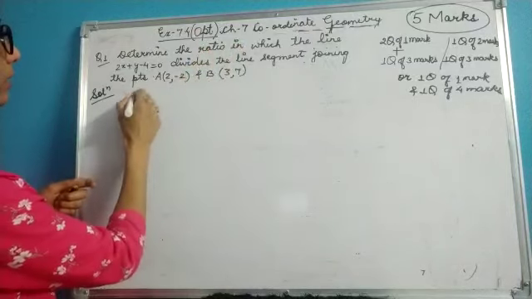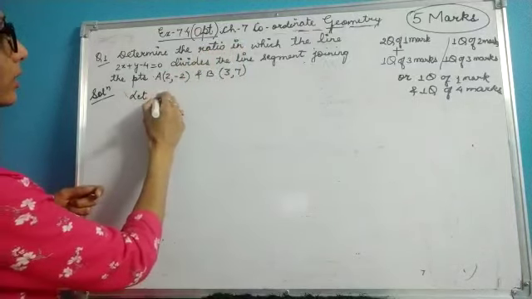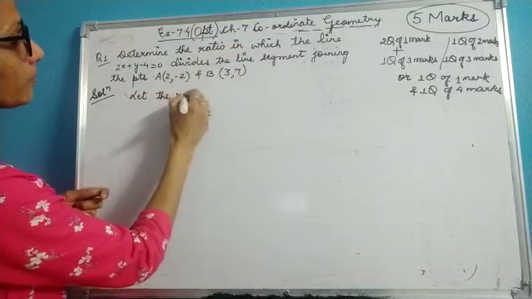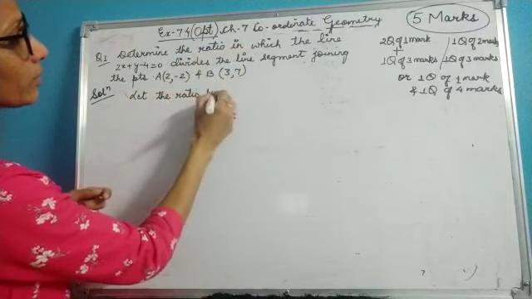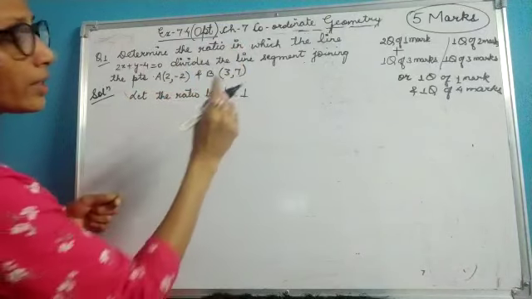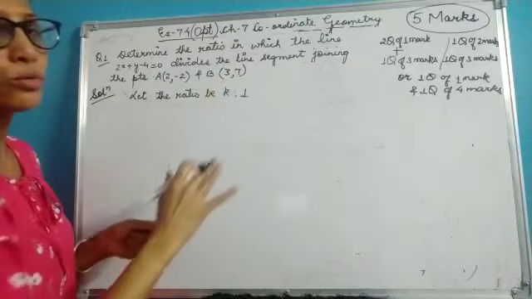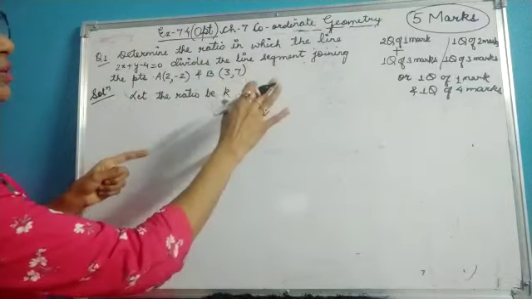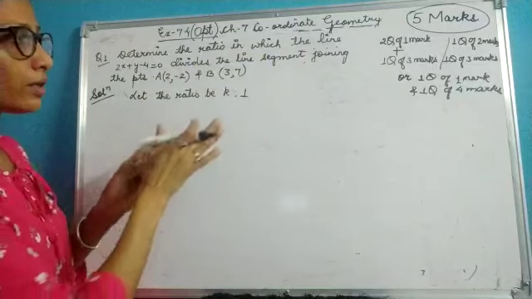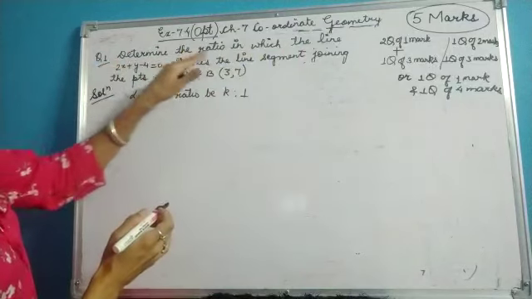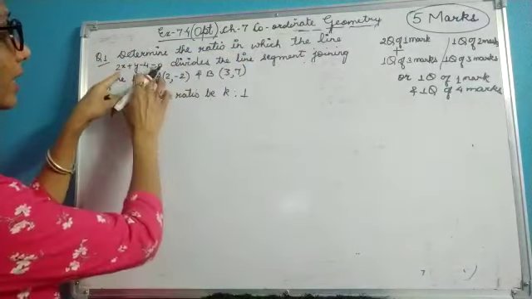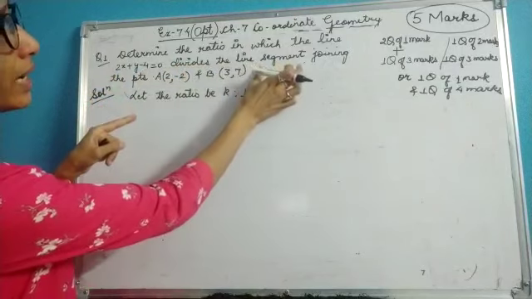That means I will be writing, whenever ratio is asked, let the ratio be k:1. Without thinking for a second, you just write down this statement. Then what is given to you, you just frame a rough sketch of it. Determine the ratio in which the line this divides the line segment.